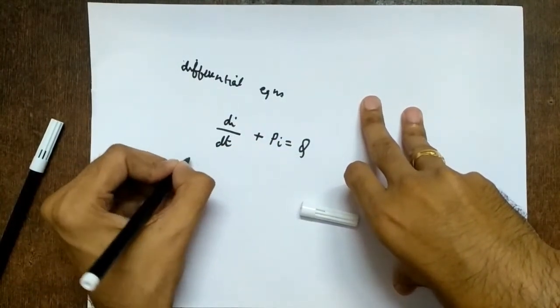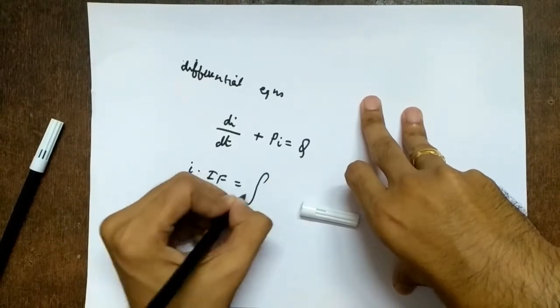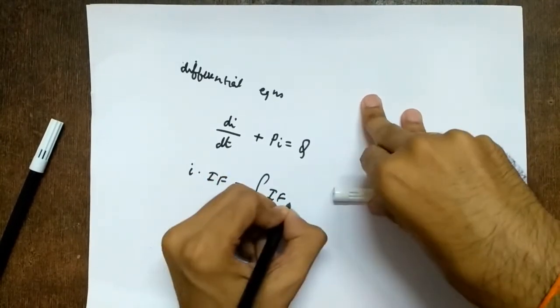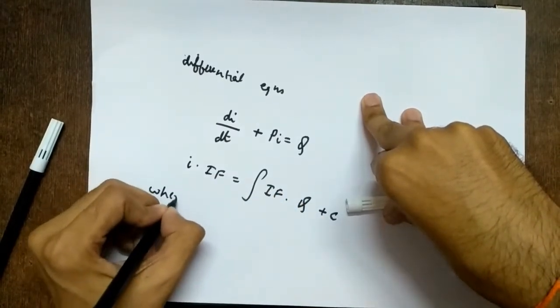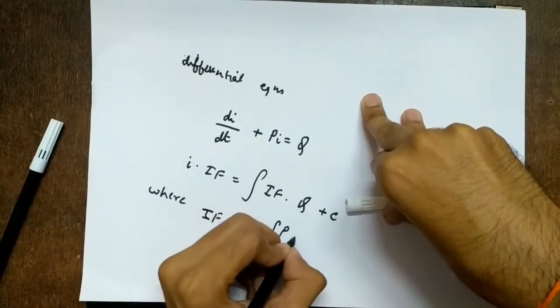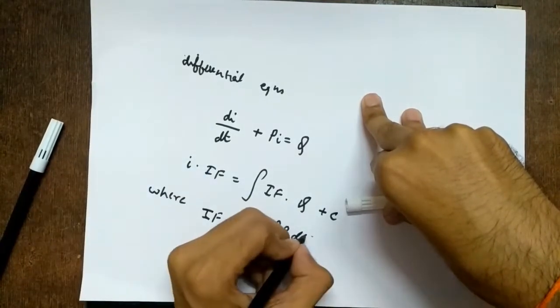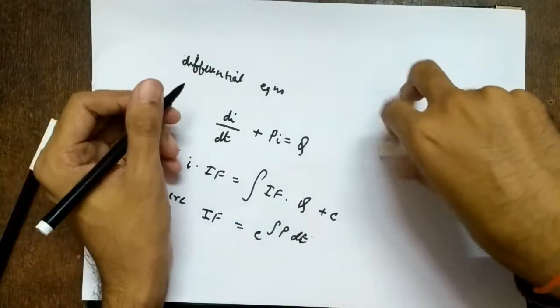We said it is nothing but I into integrating factor equal to integral of integrating factor into q plus c, where integrating factor is e raised to integral of p dt. The variable is dt, right? So this is how we solve this.